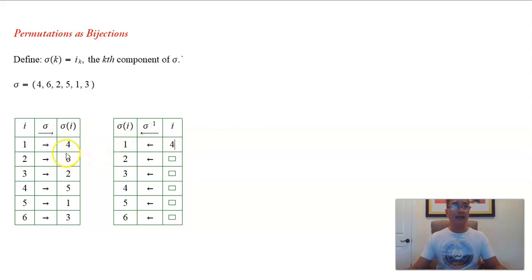So I'm basically just going to copy this table, but with the arrow going in the opposite direction. 6 goes back to 2, 2 goes back to 3, 5 goes back to 4, 1 goes back to 5, 3 goes back to 6. If you squint really hard, you can't really tell the difference between these two tables. You just reverse the arrow. However, there is a however.